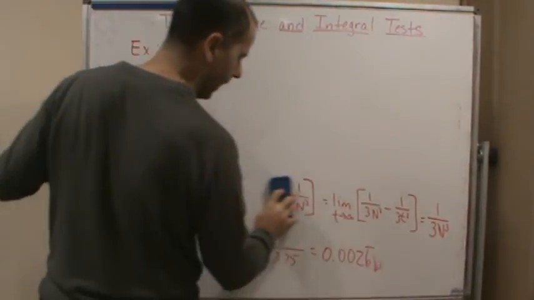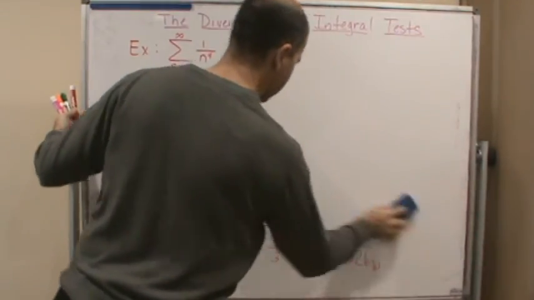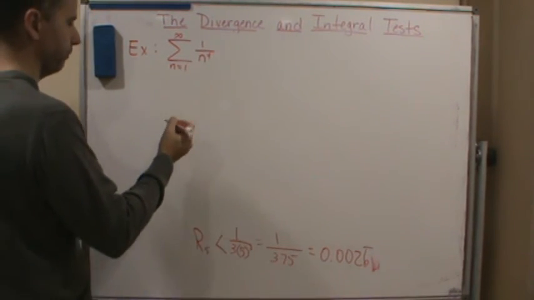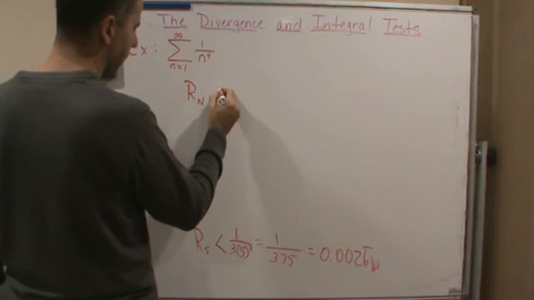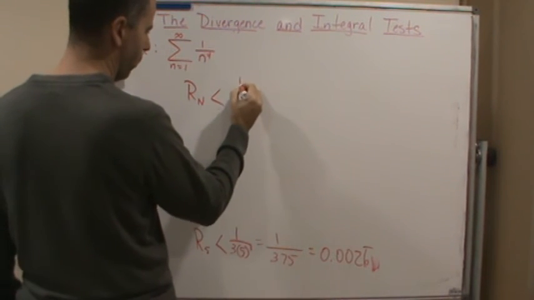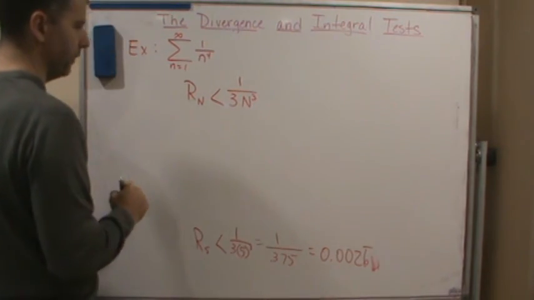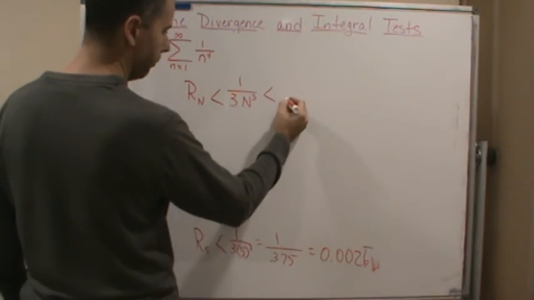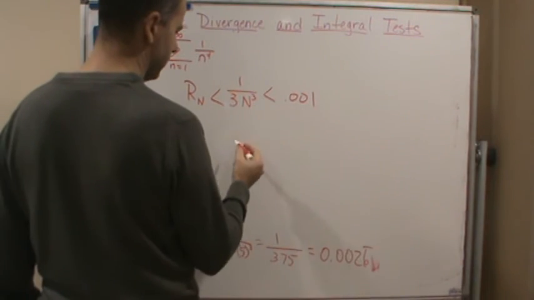What does my capital N have to be in order to be within 0.001? Well, we know r sub n is going to be less than 1 over 3n cubed, right? And we want this to be less than 0.001, again. So now I'm just going to solve this inequality.